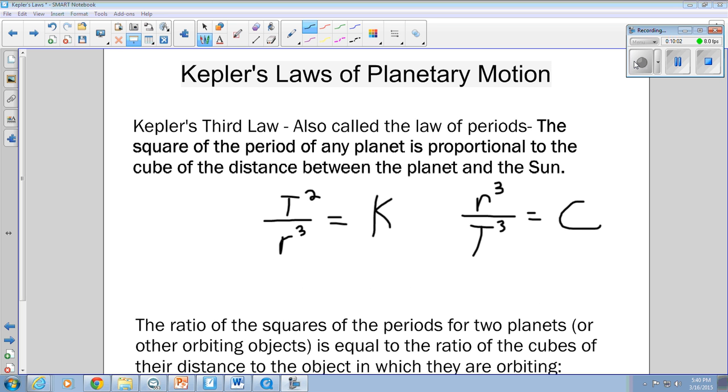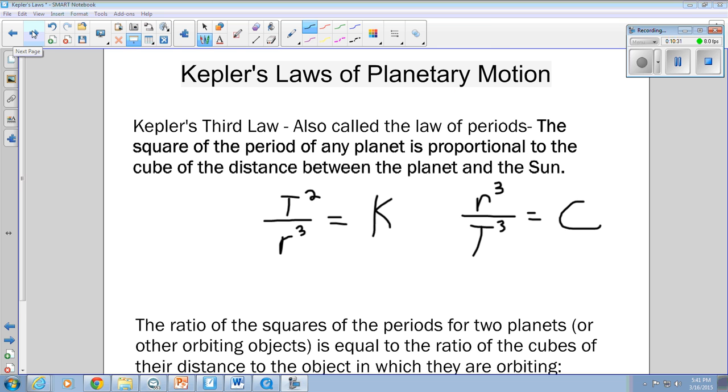One thing to note about Kepler's laws is that they work for planets orbiting suns. They also work for satellites orbiting planets. So anything that's orbiting a larger body, in planetary orbit or in satellite orbit, is going to abide by these Kepler's laws.